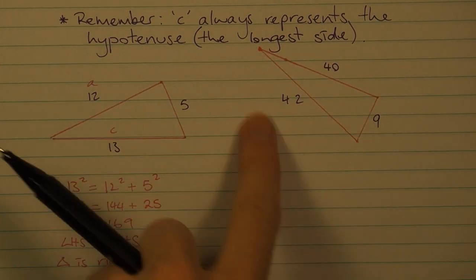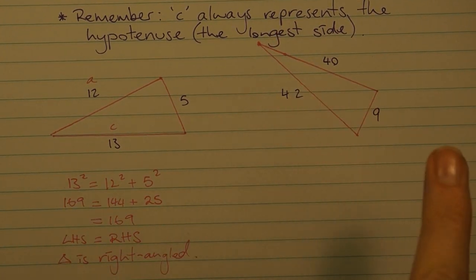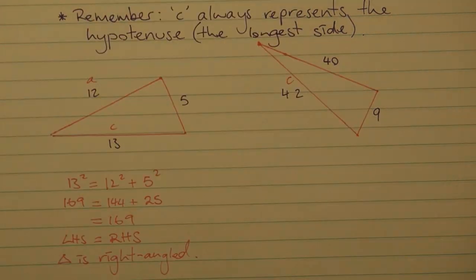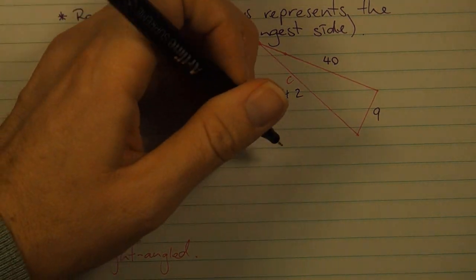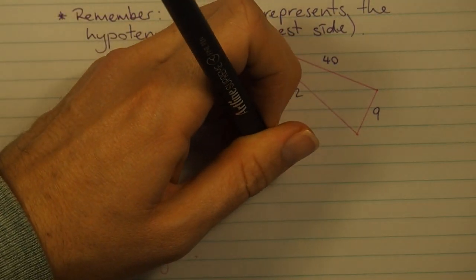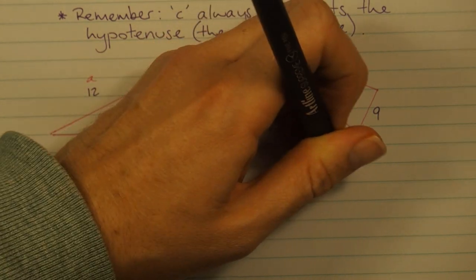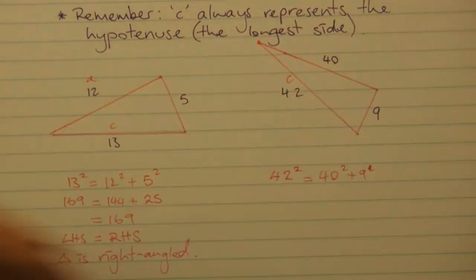We have our three sides labelled 9, 40 and 42. Obviously 42 is the longest of those numbers, so that will be my c. To put it into Pythagoras' theorem, we have 42 squared is equal to 40 squared plus 9 squared.